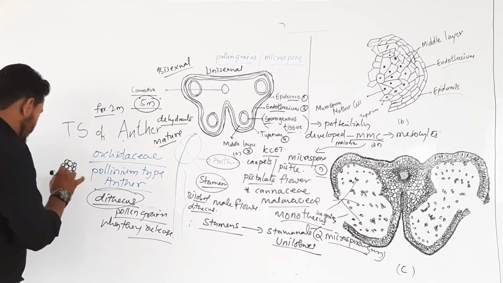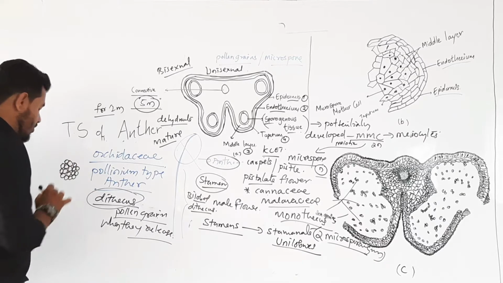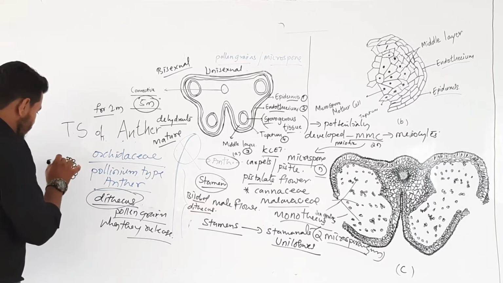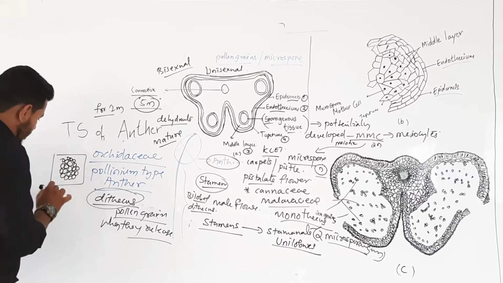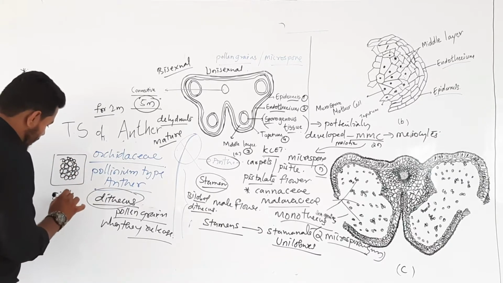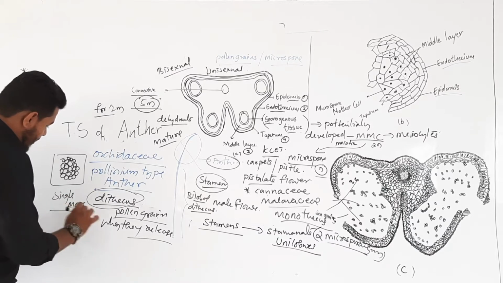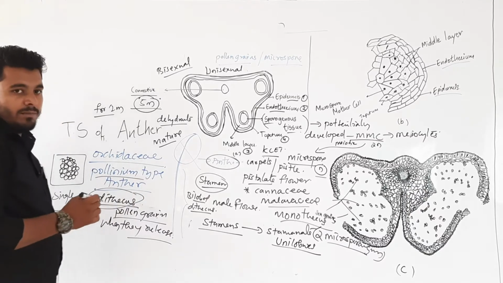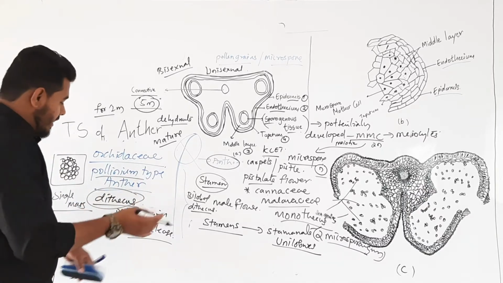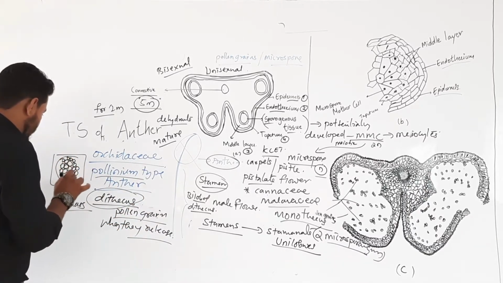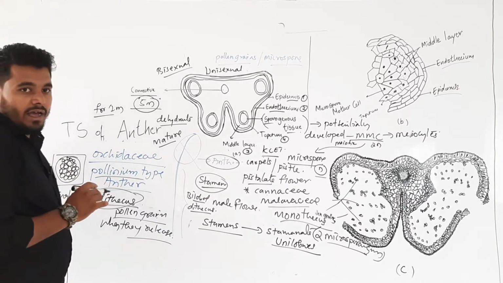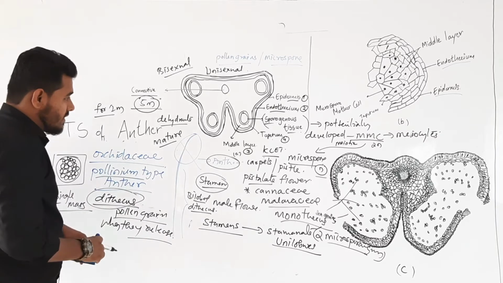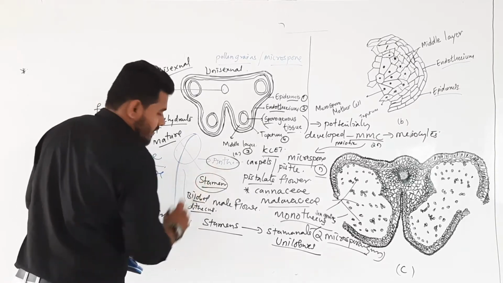Whether pollen grains from adjacent microsporangia or all the microsporangia, they fuse together and form a single mass. Such development takes place in pollinium type anthers. So this is about the anther.